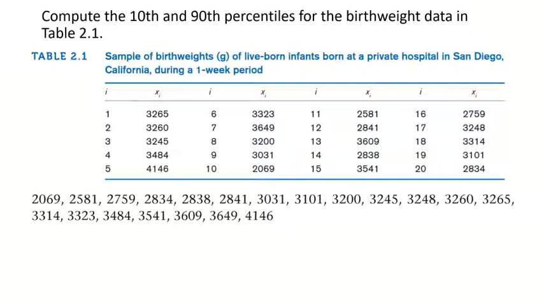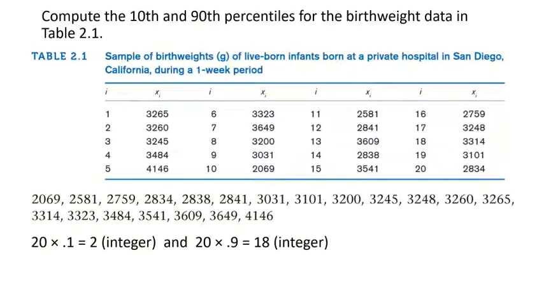We then compute np over 100 for the 10th and 90th percentiles. So our n here is 20, number of samples. In the case of the 10th percentile, our p over 100 is 10 over 100 or 0.1. 20 times 0.1 is 2, which is an integer.